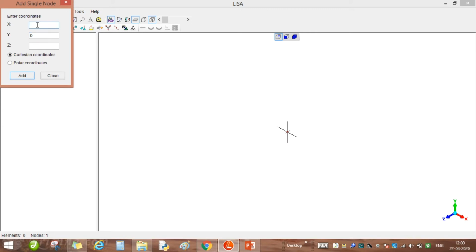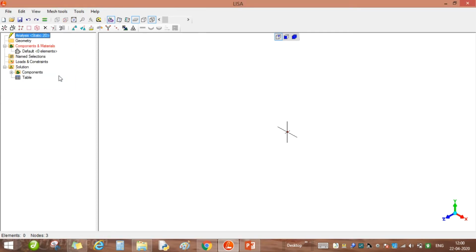Node number 1, node number 2, and node number 3. Let me close this, fit it. Let it be 2D plane. Again fit and try to fit into the graphic window.